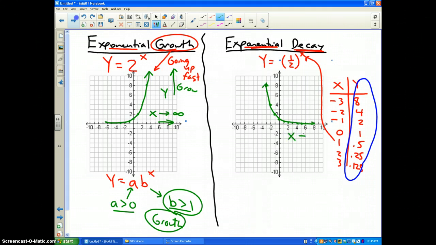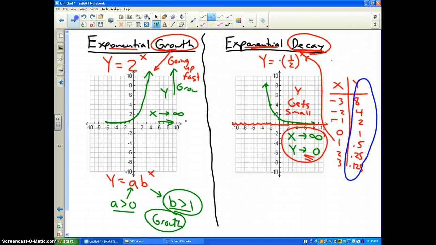So as x gets really large, now the y values approach 0. And the 0 line again would be my asymptote. This is an example of an exponential decay, because now as x approaches infinity, the y values are getting smaller. Y gets small.